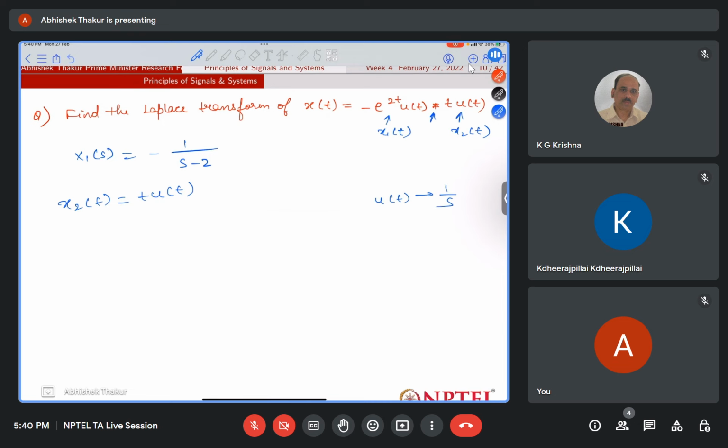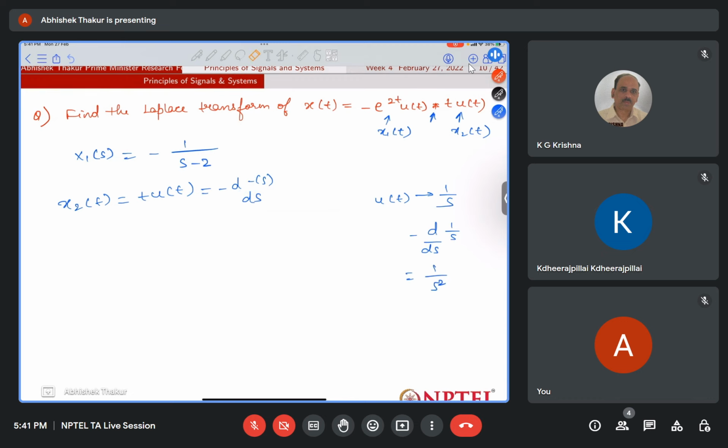And we have also done for time, when the signal is multiplied with time, it will be minus d of F(s) by ds. So we will do minus of d by ds of 1 by s, so this will be 1 by s square.